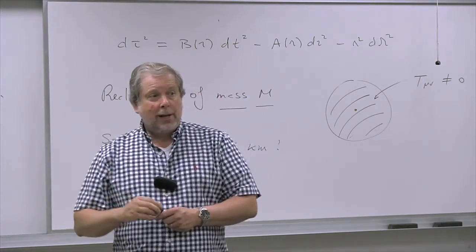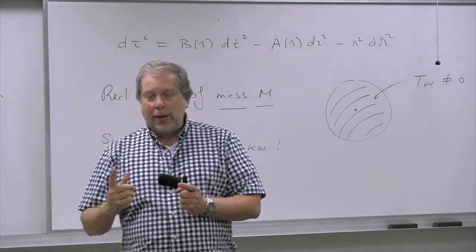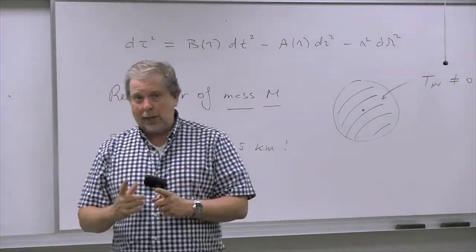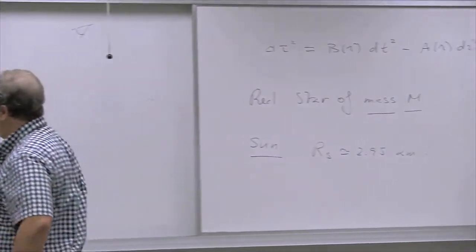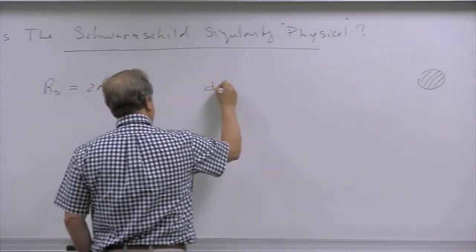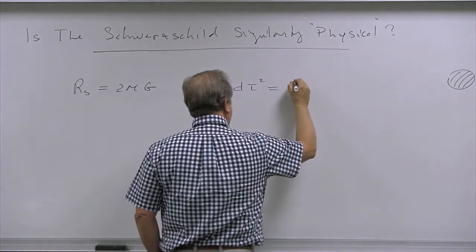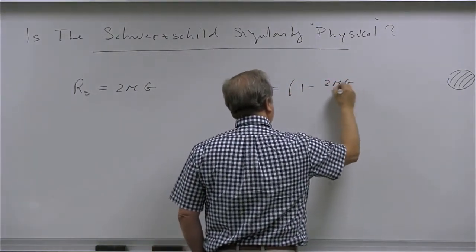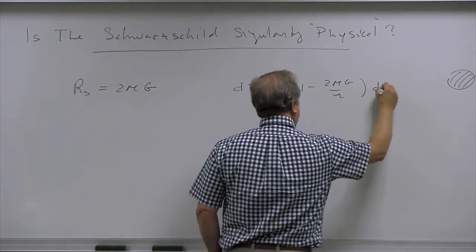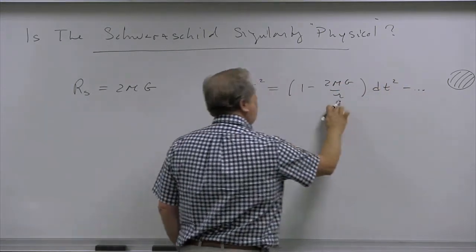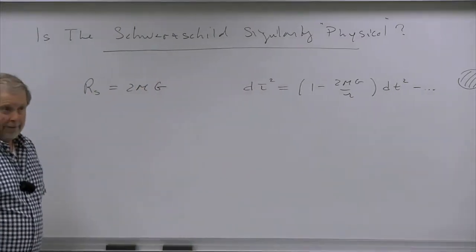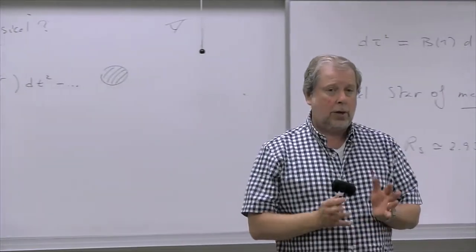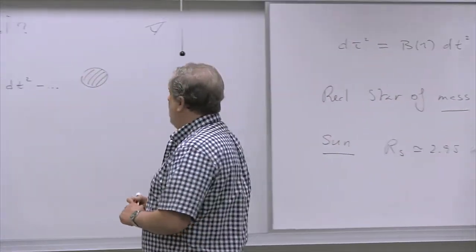But what is interesting in this case is that the slowing down can become extreme, because the slowing down can be 0, or infinite, depending on how you phrase it, because of this dτ squared being equal to B(r), which is 1 minus 2MG over r, times dt squared, minus the rest. So you have that this factor that gives you the redshift actually vanishes on the horizon. So you have an infinite redshift at that point.